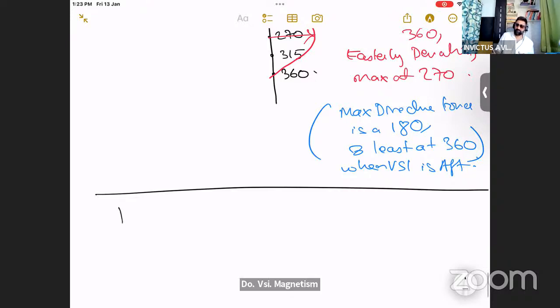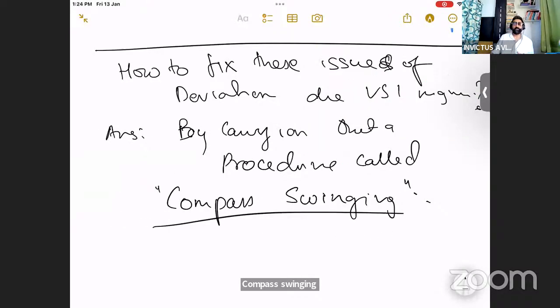Answer is by carrying out a procedure called compass swinging. This compass swinging is something that pilots and engineers would do whenever they think that a lot of issues are happening to my compass readings because of VSI.